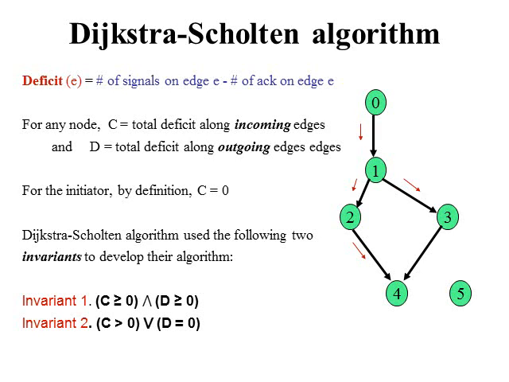Let's take a look at the second invariant. Initially for every node, the value of C is equal to 0 and the value of D is equal to 0. The initiator node initiates the computation by sending a message to each of its successors, that is, to each of the nodes on its outgoing edges.